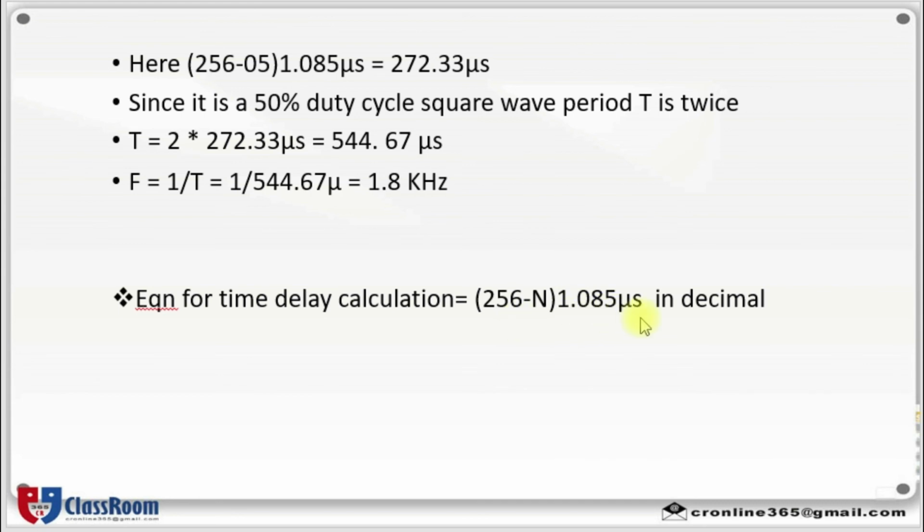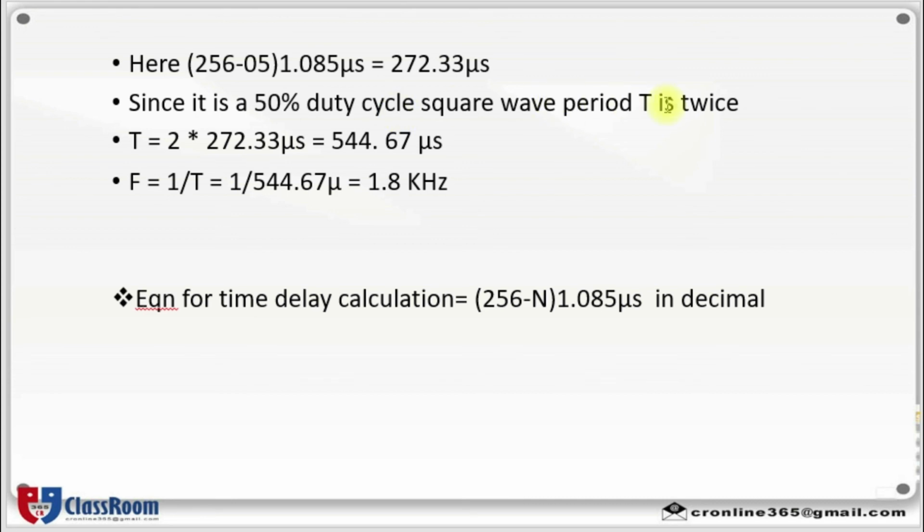So, I am putting in the values: 256 minus 5, where 5 is my initial value, into 1.085 microseconds. So, I got it as 272.33 microseconds. Since this square wave has a period of 50% duty cycle, we have to take the period T as twice this value.